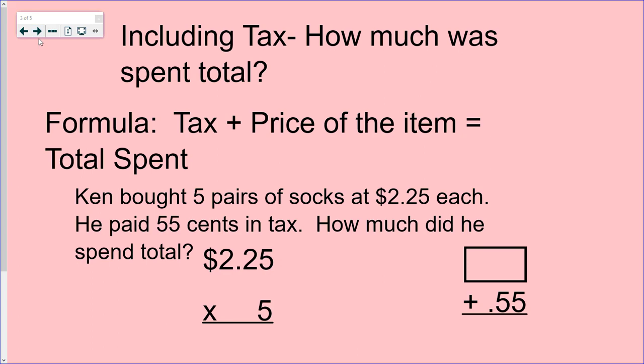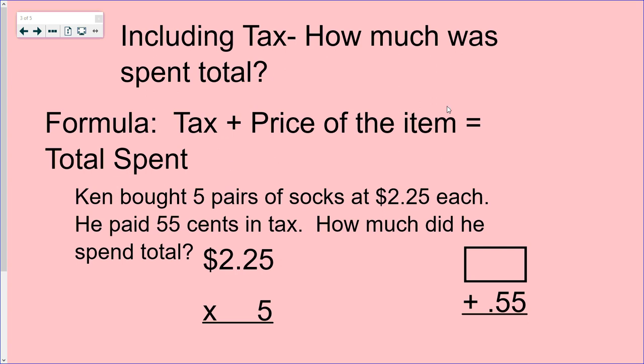The second one is, if including tax, how much was spent total. So let's say we buy an item and we know how much the tax is; how much do we spend total? The formula for that is the tax on an item plus the price of an item equals the total spent.